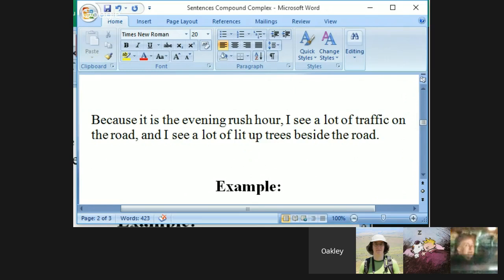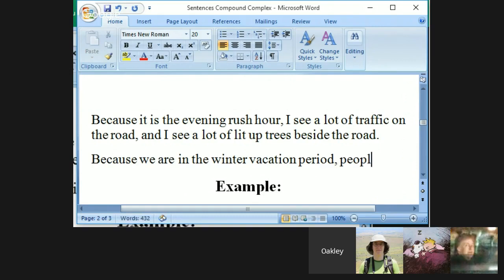Julietta, time for you to give it a try here. Because we are in the winter vacation period, people want to go skiing on the mountain or to stay home and relaxing.